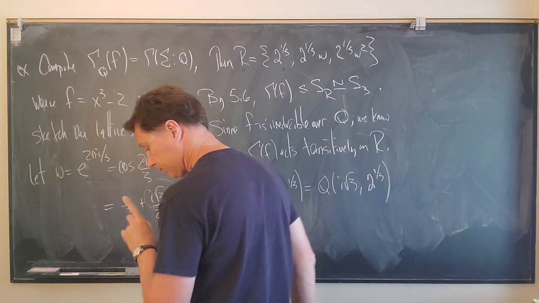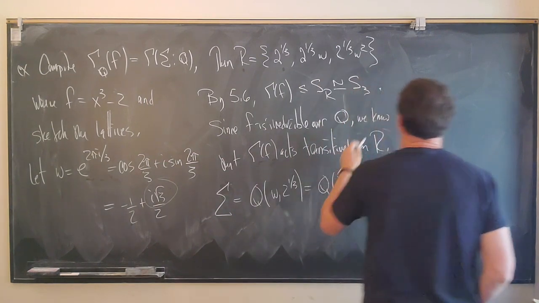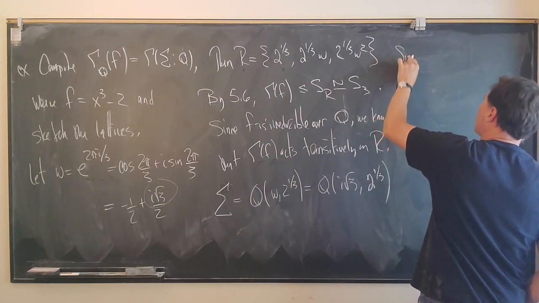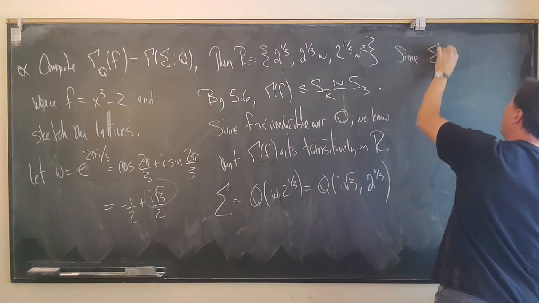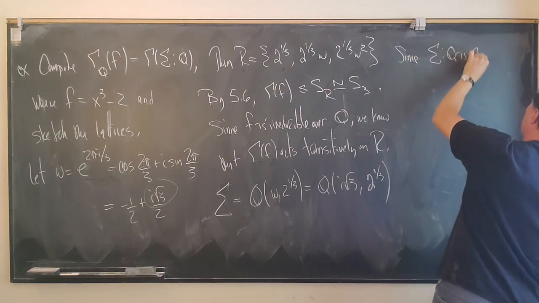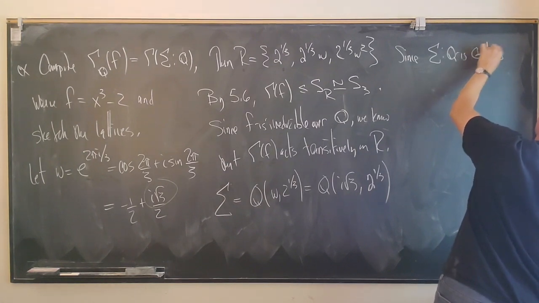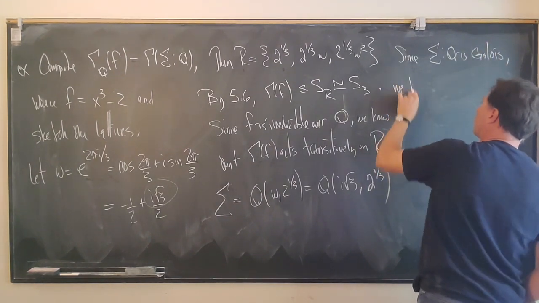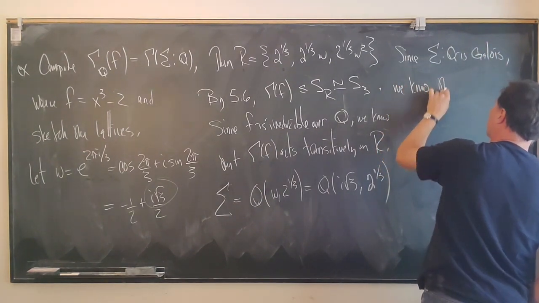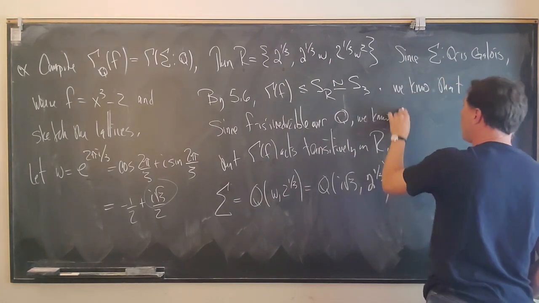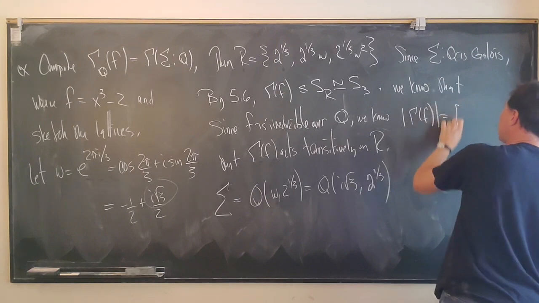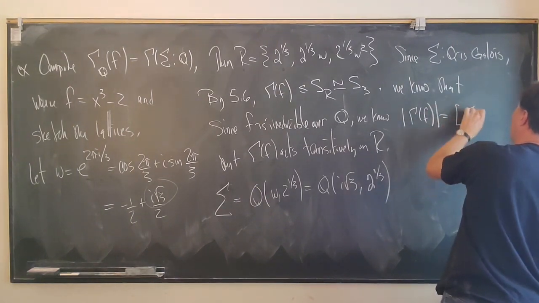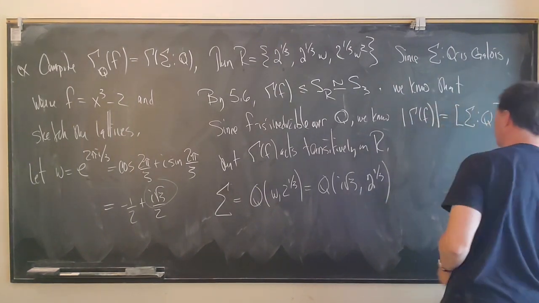Now, since Sigma over Q is Galois, we know that the order of the Galois group is equal to the degree of the extension.